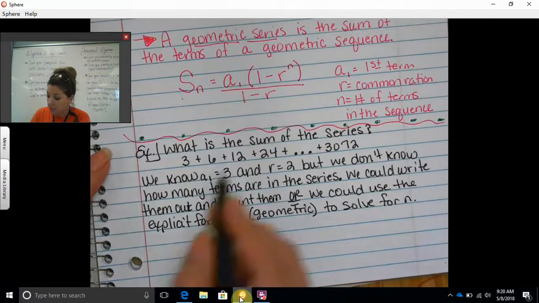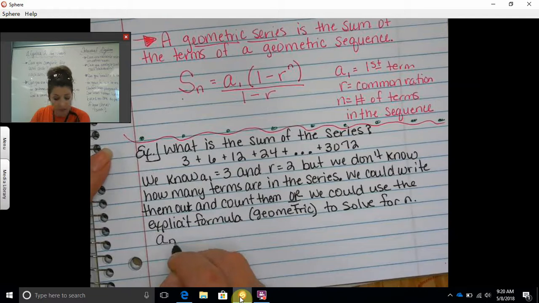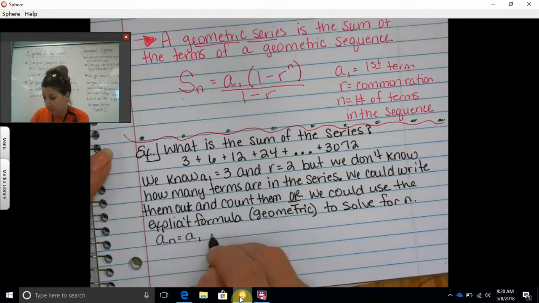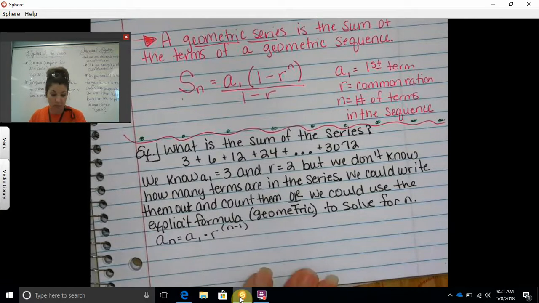So that explicit formula was a sub n equals a sub 1 times r raised to the n minus 1.